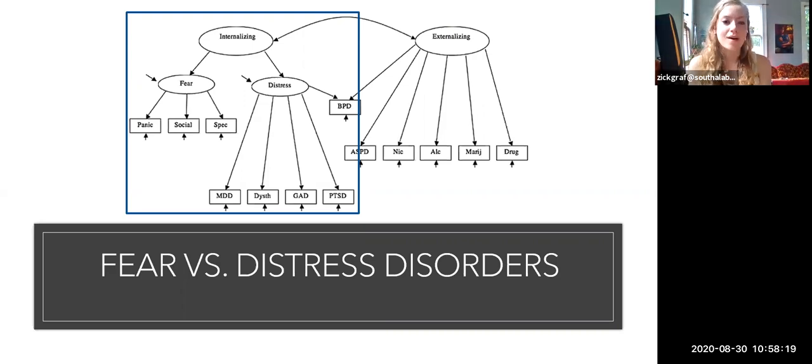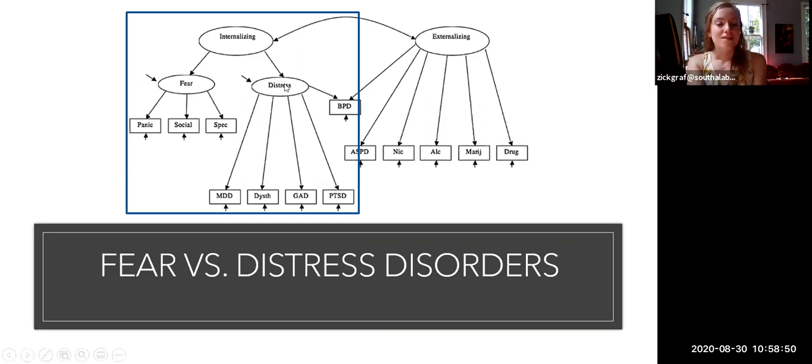Specific phobia is all about having an inappropriate fear response to a conditioned stimulus, so like a phobic situation or object. Panic disorder is about anticipatory anxiety and avoidance around inappropriate fear responses that manifest as panic attacks. So intense feelings of fear that kind of come out of nowhere, that arise from internal bodily processes. And then social anxiety disorder has to do with anxiety about social situations, but the experience of acute anxiety and sometimes fear in those social situations.